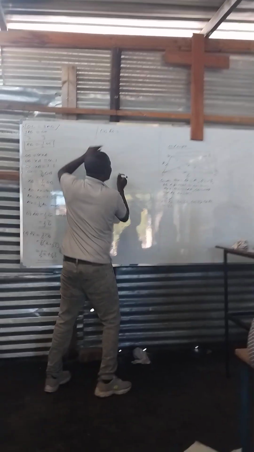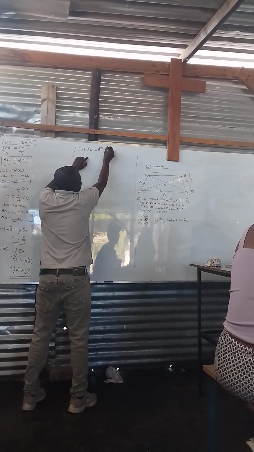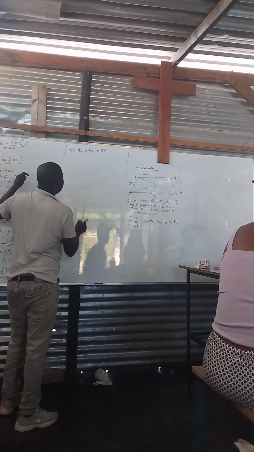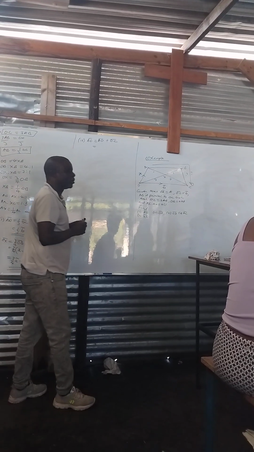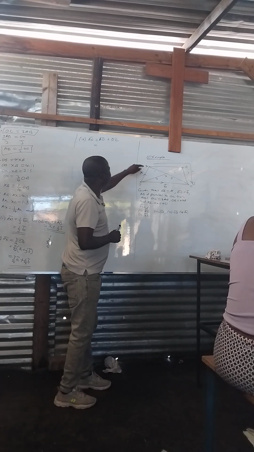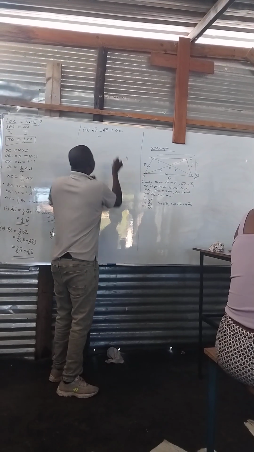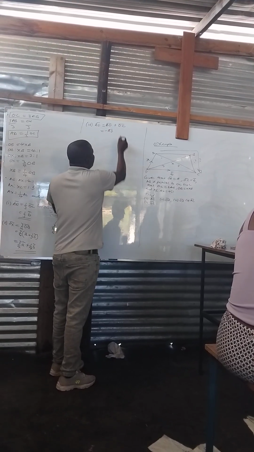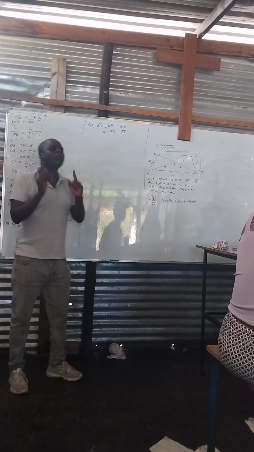So I'll choose this route. From A I go to O, then from O I go to C. Going from A to O is opposing the arrow, so you have negative vector AO, plus OC.